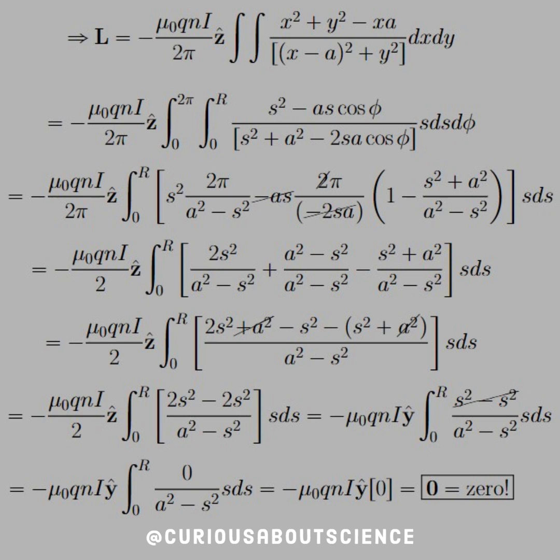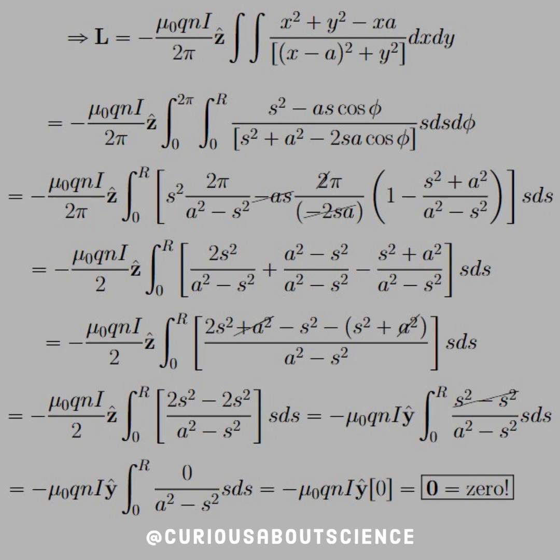We factor that π out, so we're good there in both terms. Cancels with that numerator. And so the first term after the table integral substitutions gives us 2s squared over a squared minus s squared. Common denominator gives us a squared minus s squared over a squared minus s squared minus s squared plus a squared over a squared minus s squared.